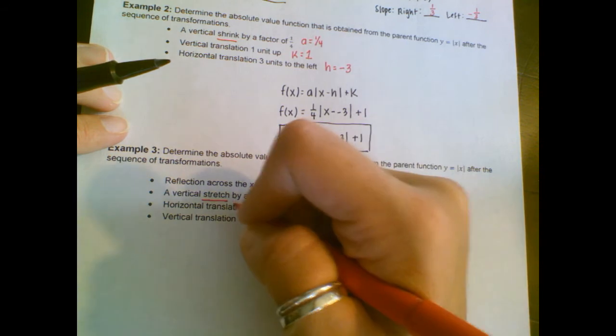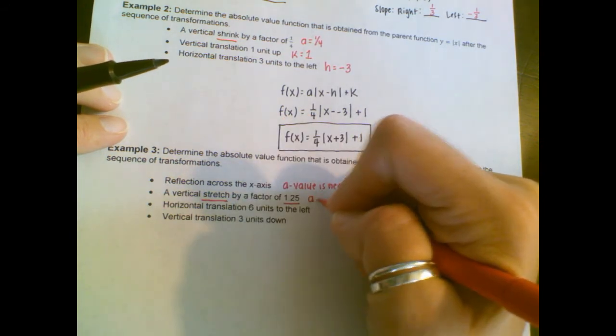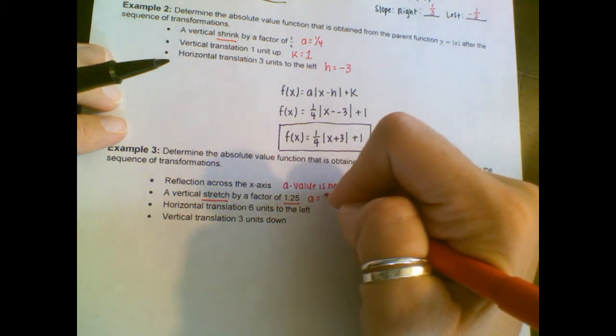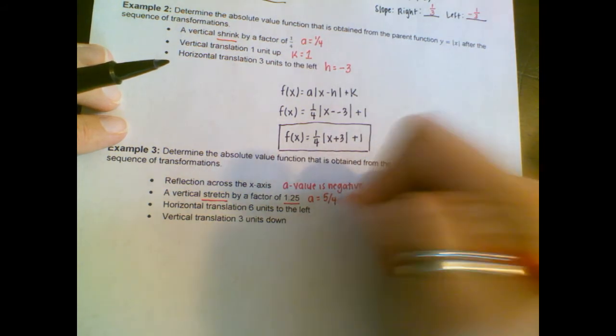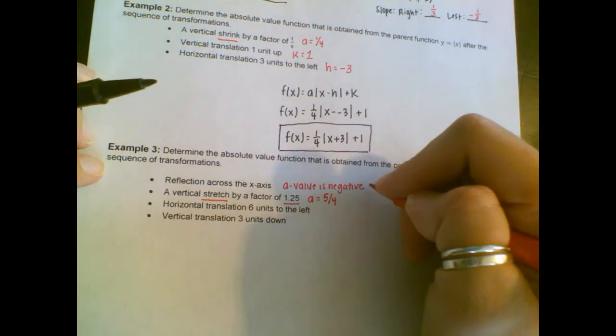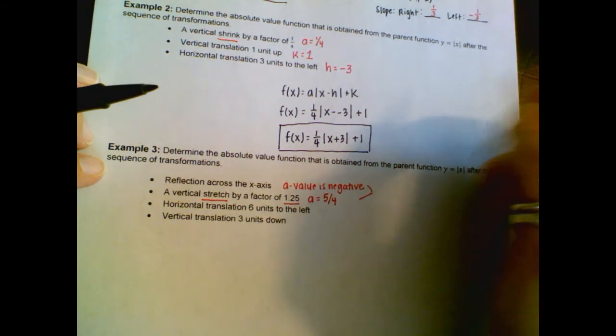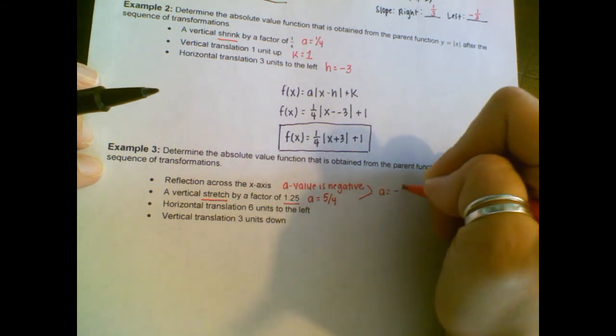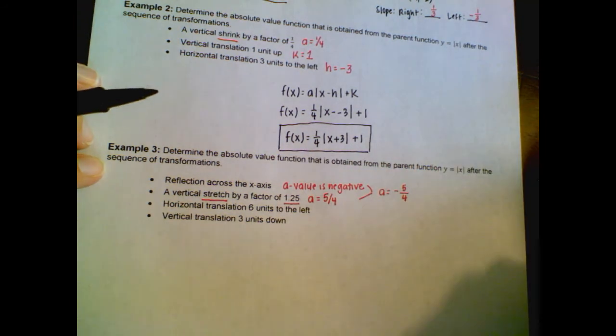I know that the stretch has to do with the a value, so a is 1.25. If I write that as an improper fraction, that'll be 5/4. So these two things together are telling us that when we plug into our standard form of our equation, we want to use an a value of -5/4.